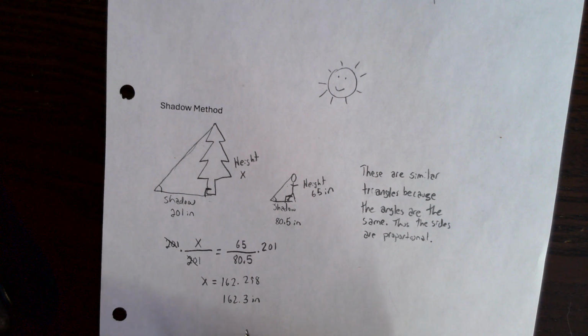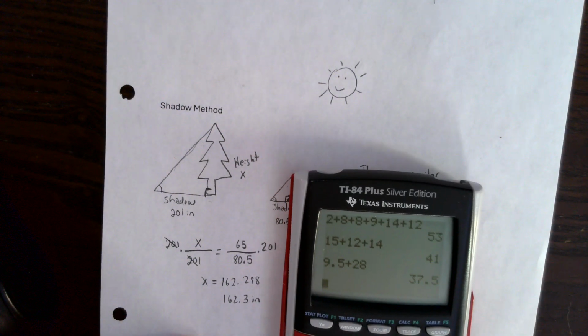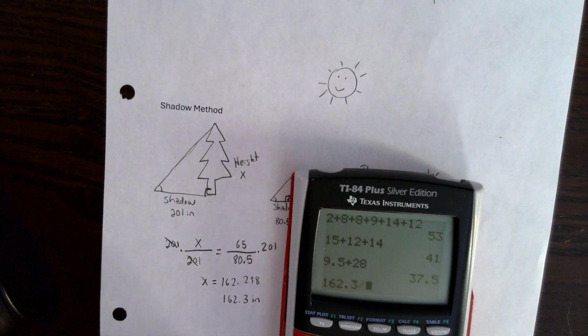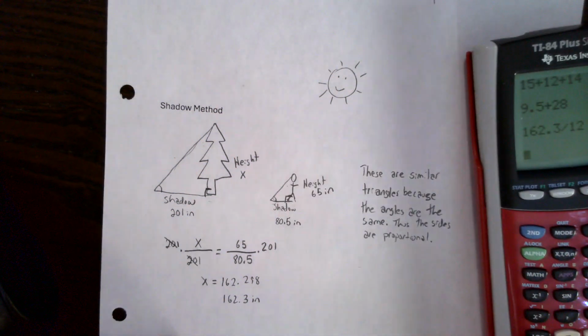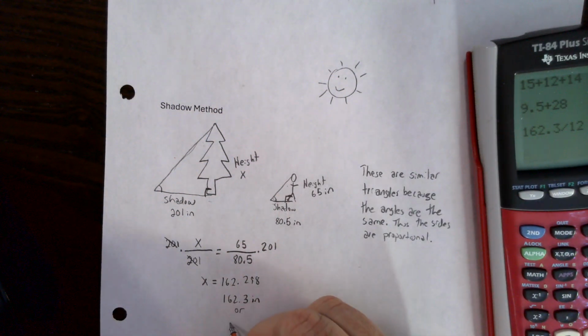And if you divide that by 12, and we'll go and pull out a calculator here, we'll see we'll get about 13.5 feet. So if I go to 162.3 and I divide that by 12, yeah, we get 13.5, so that's about 13.5 feet.